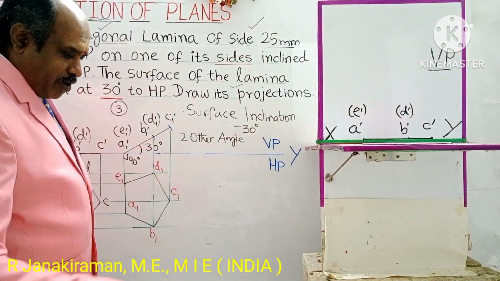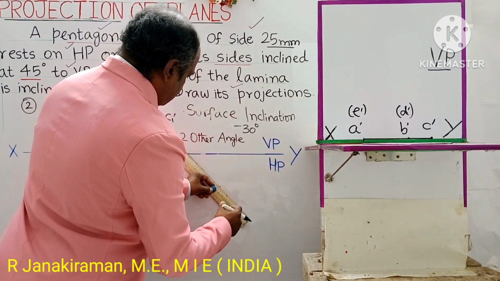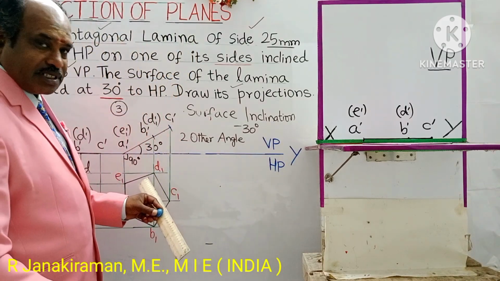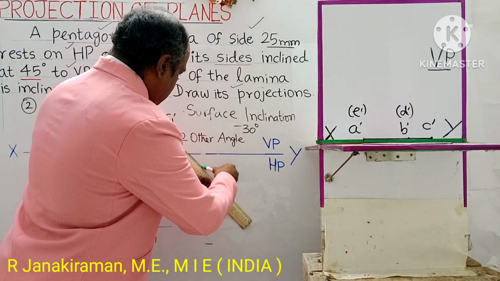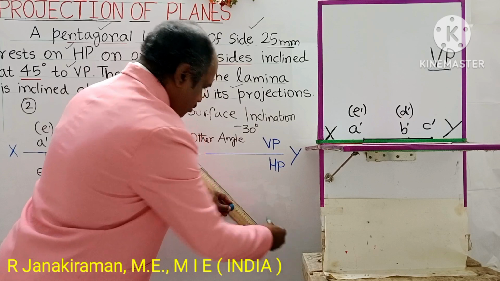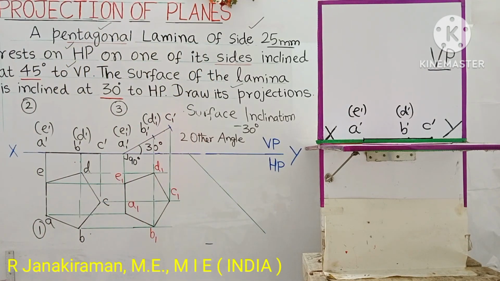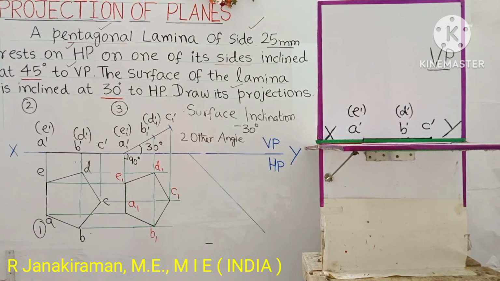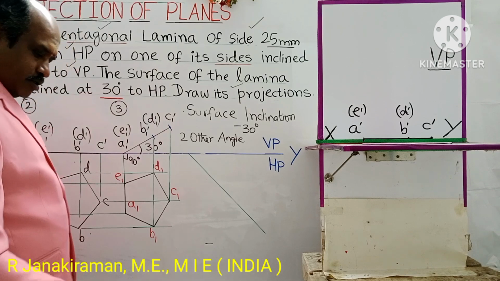Join the marked points using a freehand scale, using a 2H pencil, as a reference line. Then take your compass.